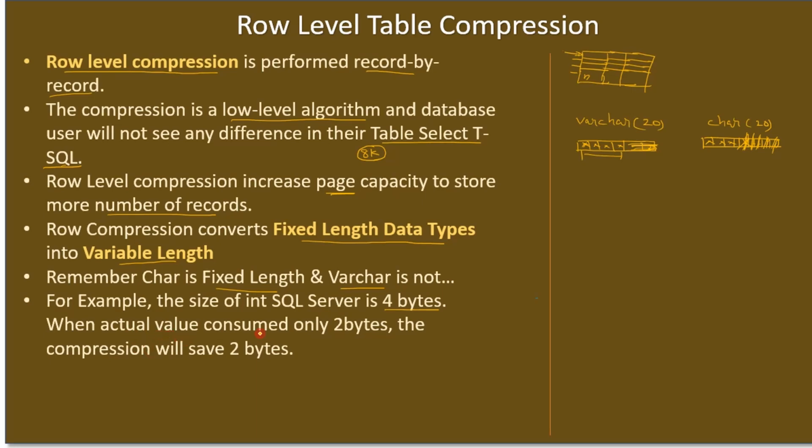Say, if we want to store the number 4 and convert that into binary, only 3 bits are required out of 4 bytes.